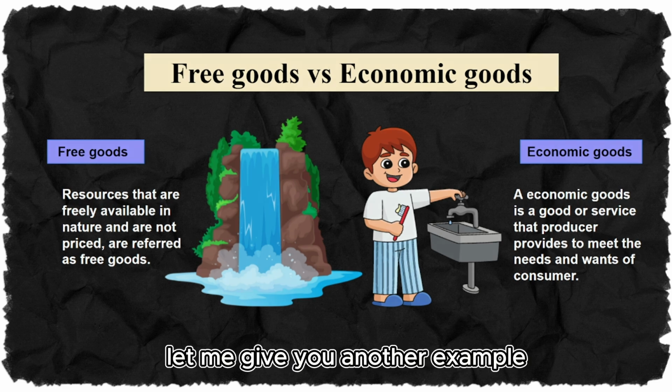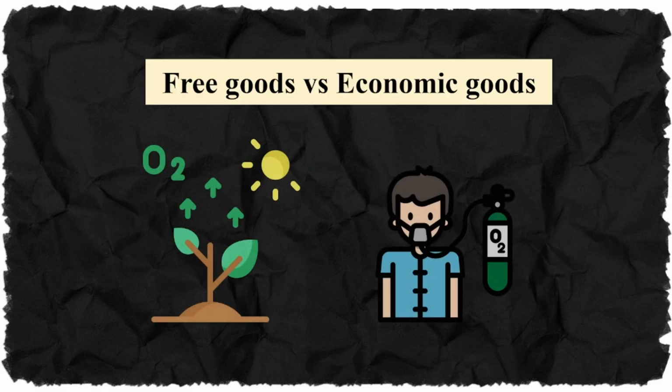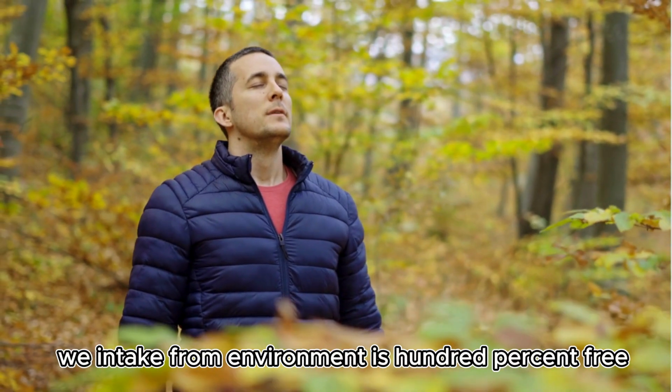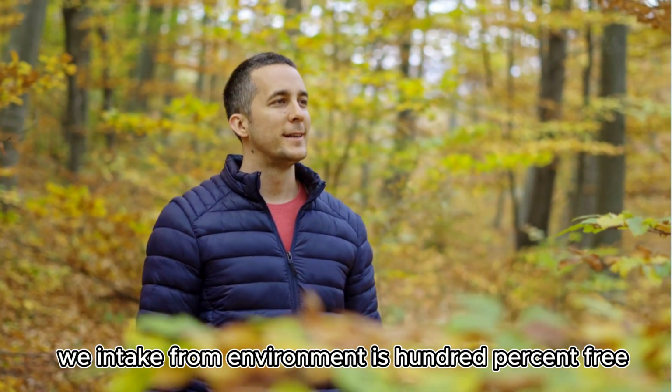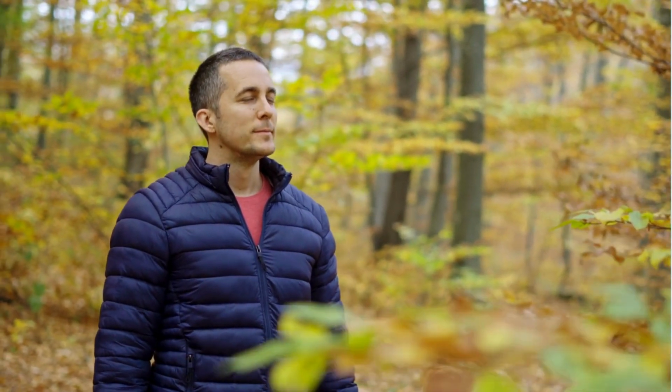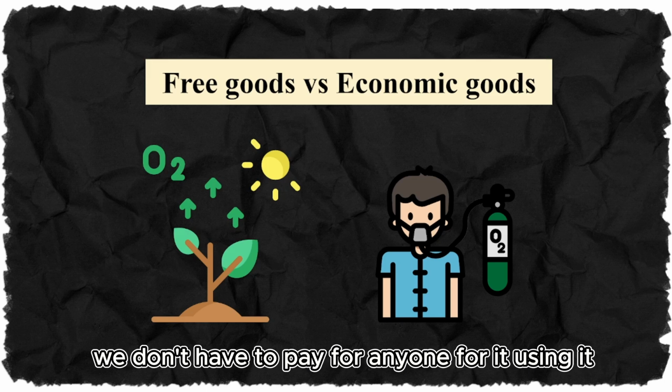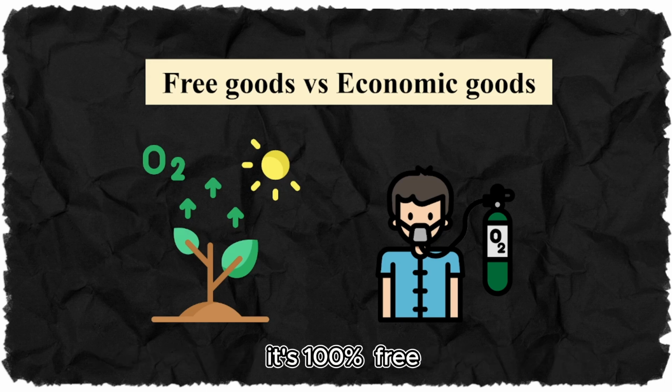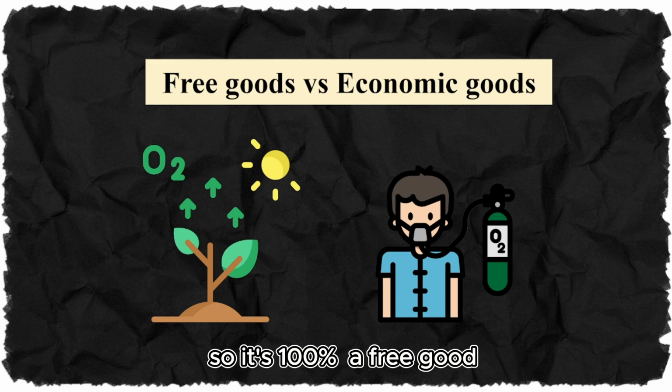Let me give you another example. The fresh air we intake from the environment is 100% free, right? We don't have to pay anyone for using it. It's 100% a free good.